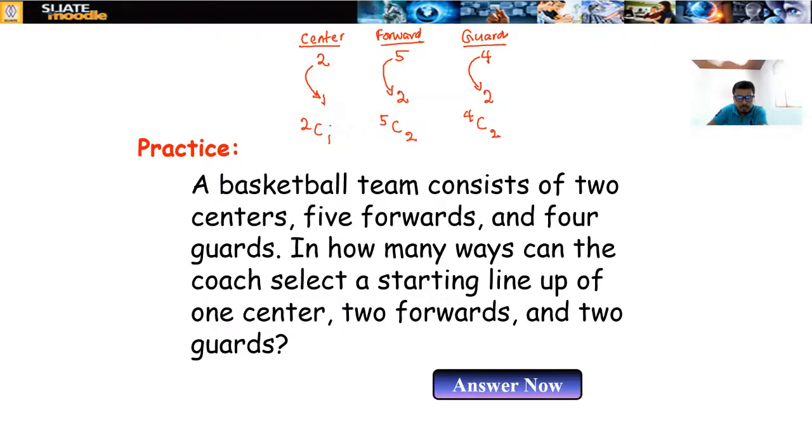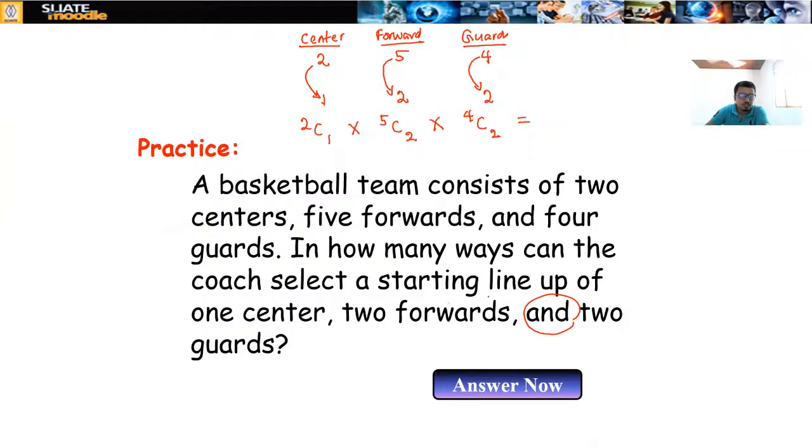Now, do we need to add them or multiply them? Multiply. Yes, we need to multiply. Why? We need 1 center and 2 forwards and 2 guards, right? We use the term and.